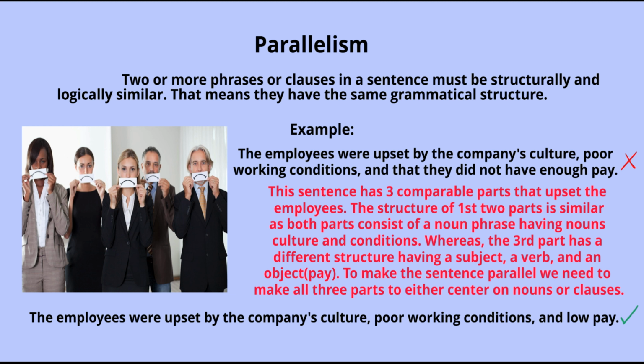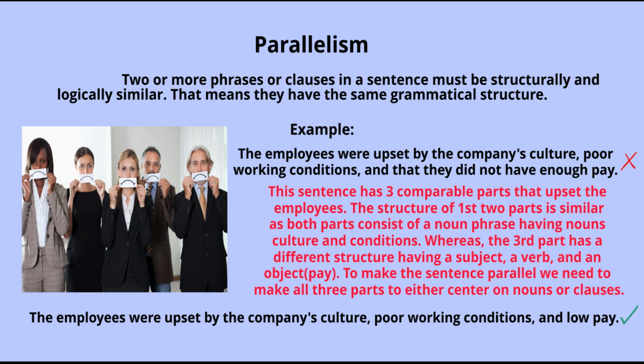The structure of the first two parts is similar because it says company's culture and poor working conditions. So here culture and conditions are the nouns. Company's culture, company's poor working conditions, we consider that as noun phrases, right?